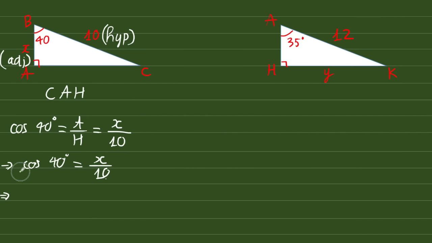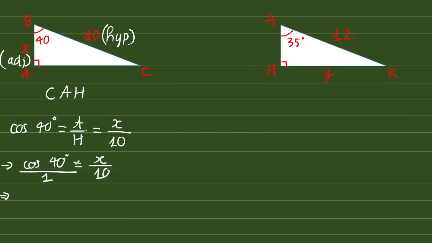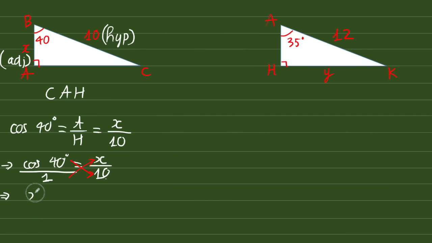Just imagine that cos 40 degrees is over 1, and you use cross multiplication to solve the two equivalent fractions. Cos 40 over 1 equals x over 10, and the cross multiplication means this side and this side are multiplied together, so you have x times 1 equal to 10 times cos 40.